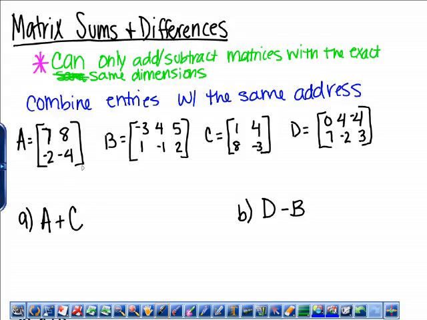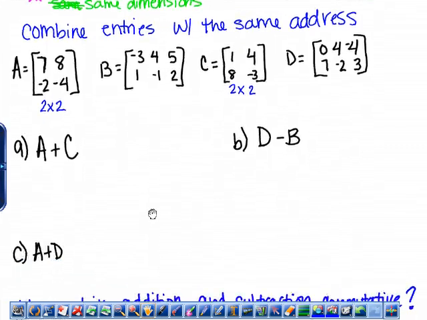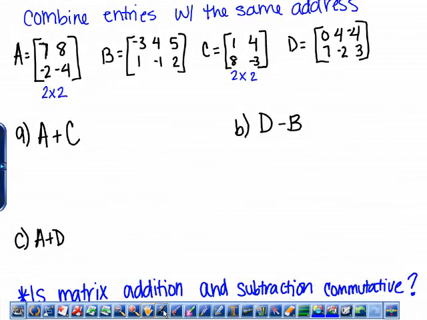All right, what are the dimensions of matrix A? What are the dimensions of matrix C? 2 by 2. So can I add matrix A and matrix C? Yeah, they have the exact same dimensions.